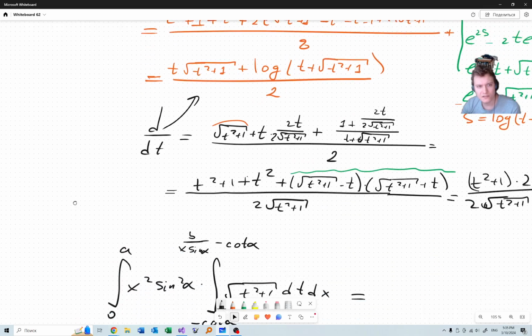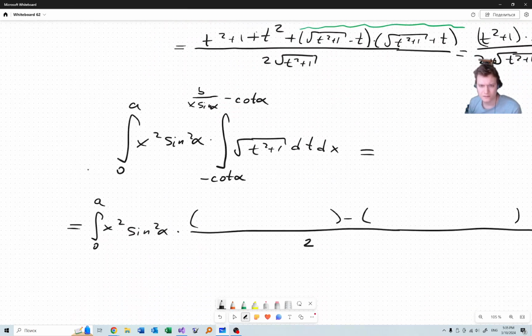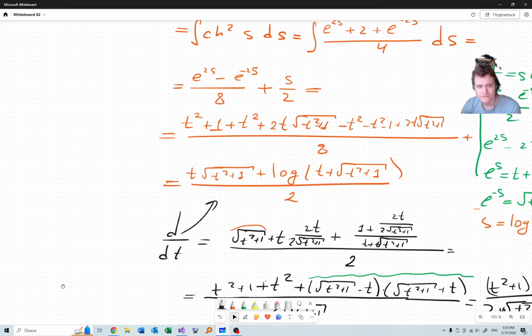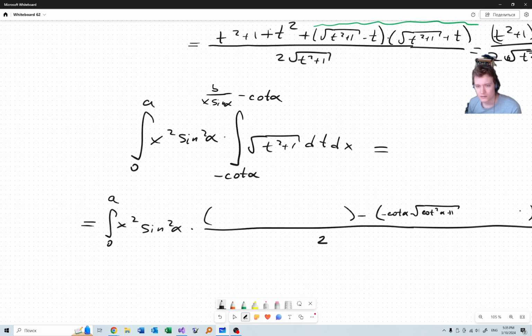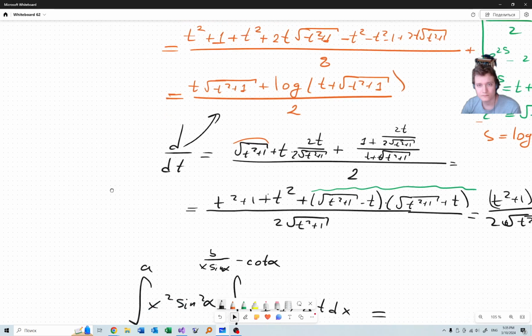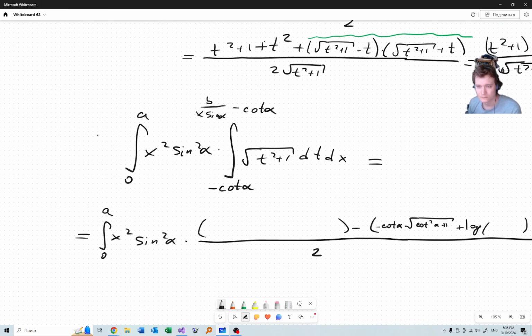Okay, the right side is, well, minus cotangent alpha times square root of cotangent squared alpha plus 1 plus logarithm of minus cotangent plus square root of this.